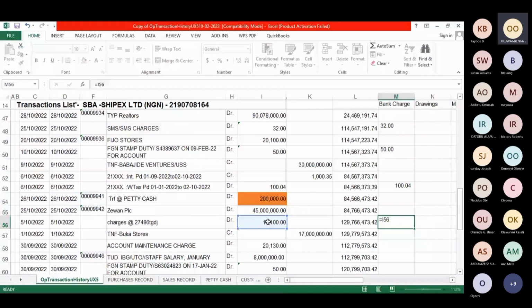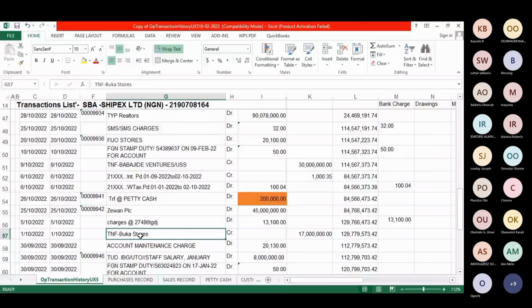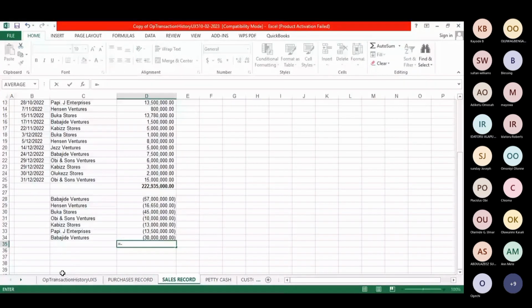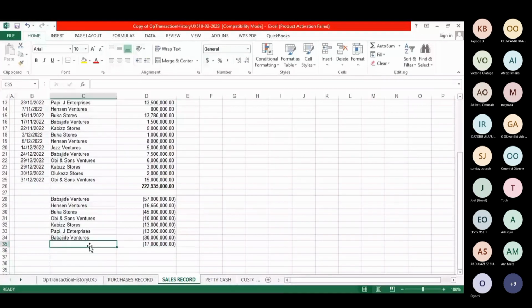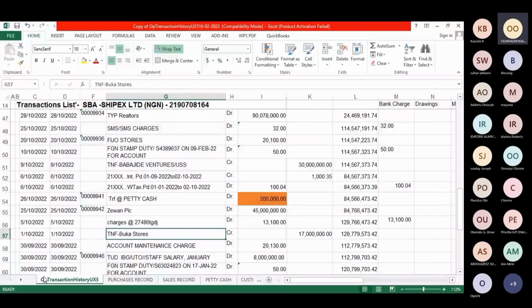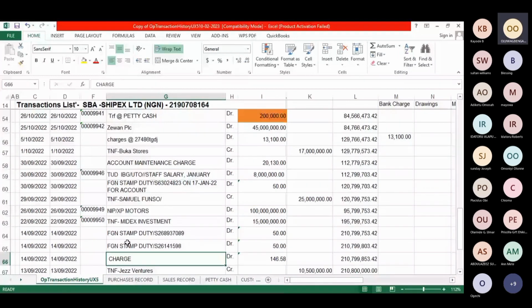Then Booker stores, 17 million. This is a customer. I'll come here and say 17 million. I'll say 17 million. Account maintenance charge, I'll take it to be bank charges also.